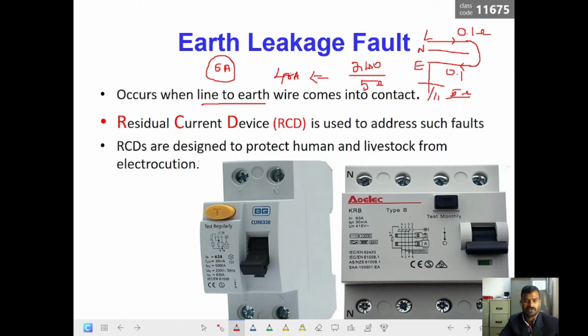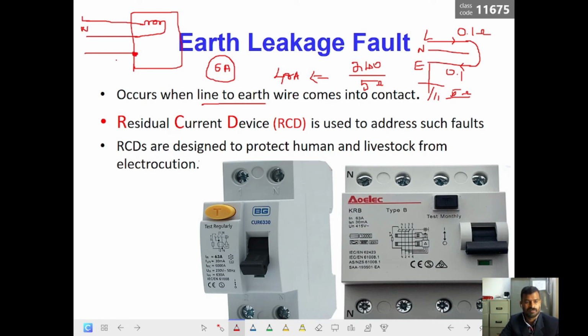And in the other scenario, you take the line conductor, the neutral conductor, and the earth conductor, and you have an equipment here, say for example a coil, which is returned back to the neutral. And this is the earth.